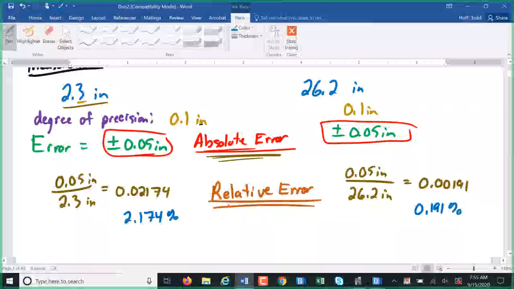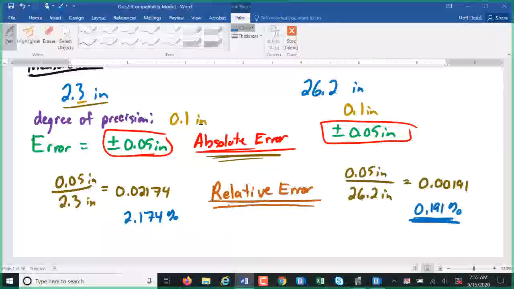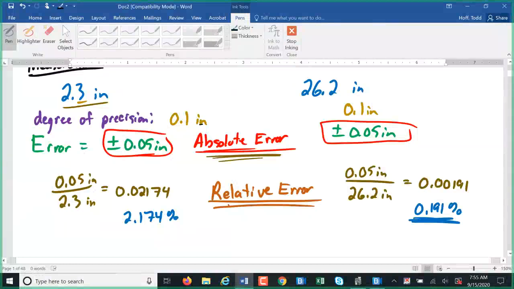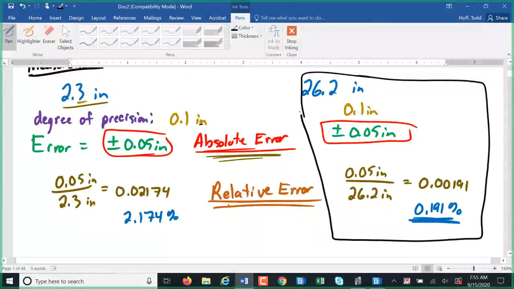Less than 1/4%. That's probably acceptable. So the point of this example here is that a measuring device that's precise to 1/10 of an inch, even though it gives us a plus or minus 0.05 as an absolute error in both cases, in this case gives us an acceptable relative error or percent error.